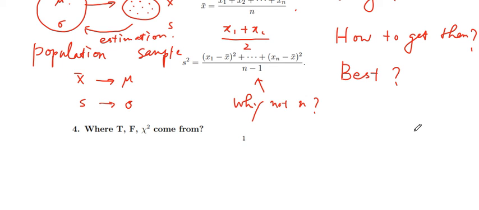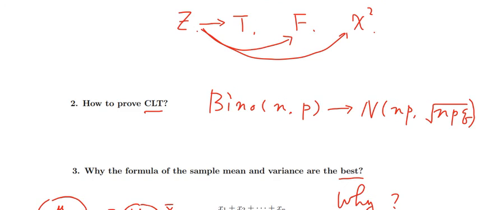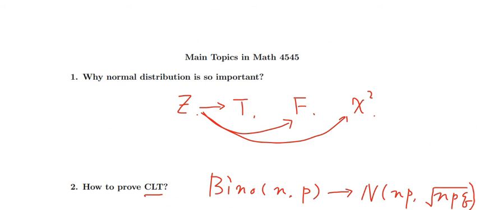Where do the T distribution, F distribution, and chi-square distribution come from? How can we find their density functions and their mean and variance? I think those are some main topics in mathematical statistics.